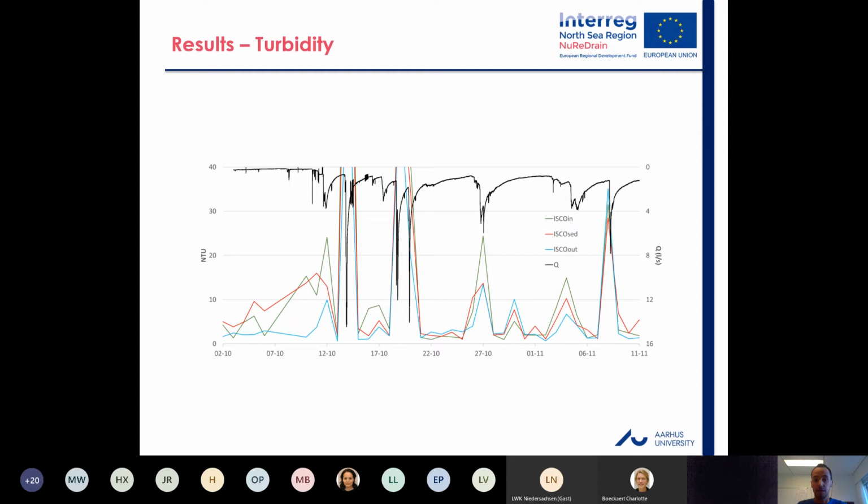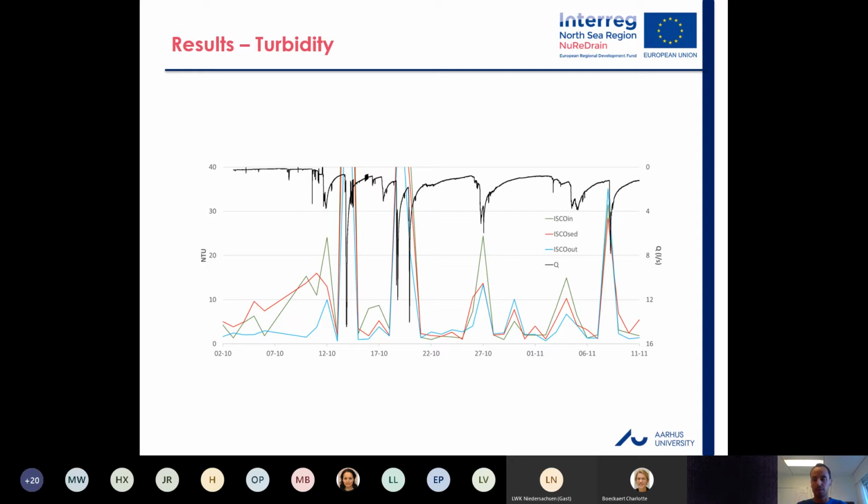In the first part of the monitored period we have an effect, which later drops. And at the beginning, there is no effect from the sediment filter. If we compare the data from the red line and the green line, this shows that the sediment filter is not capable of retaining the sediments which are brought into the system by the drainage.